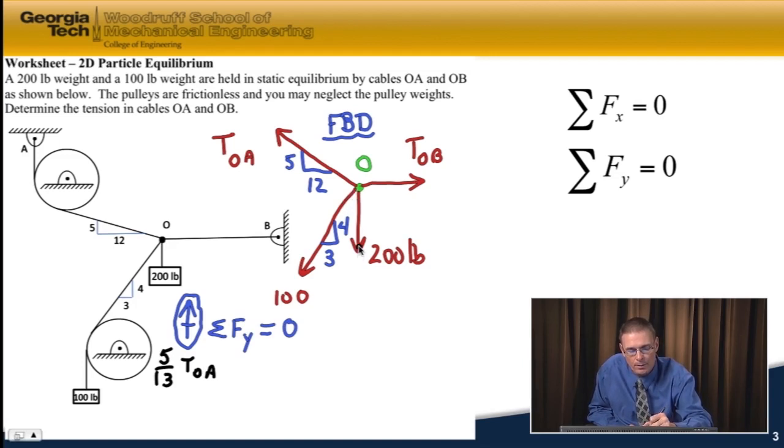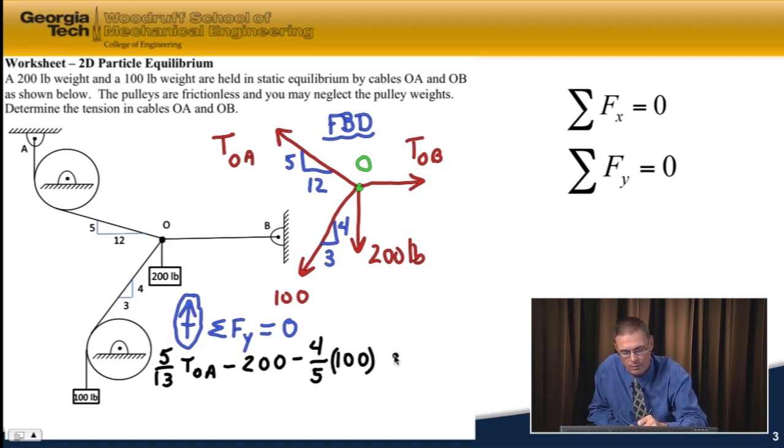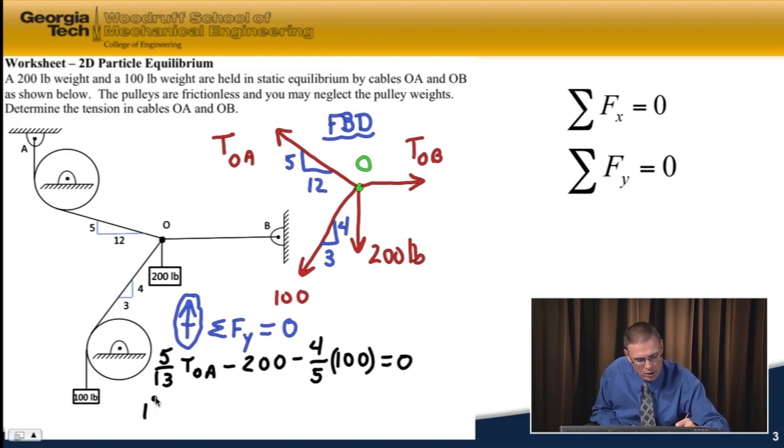I have my 200-pound force, which is down, so that's going to be minus 200, all in the y direction. And then the 100-pound force, its y component is only the 4/5 component. So we have minus 4/5 times 100 equals 0. And so I can solve for TOA.